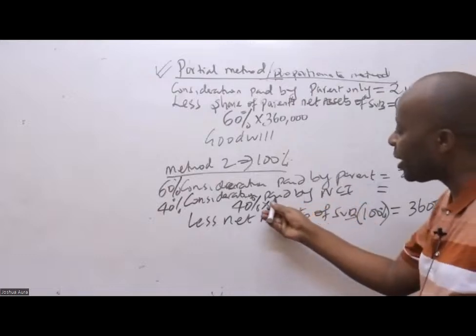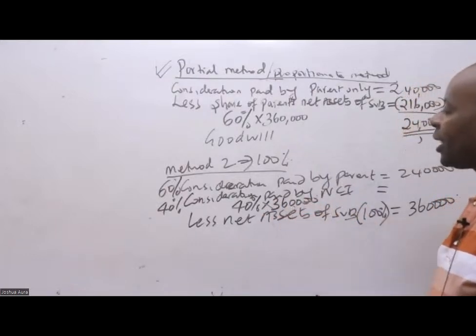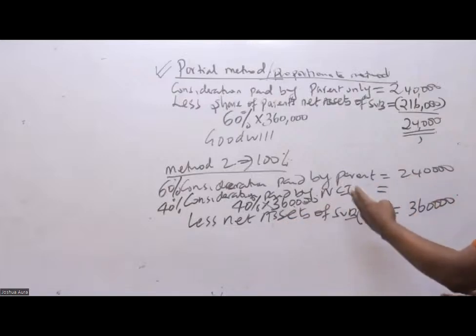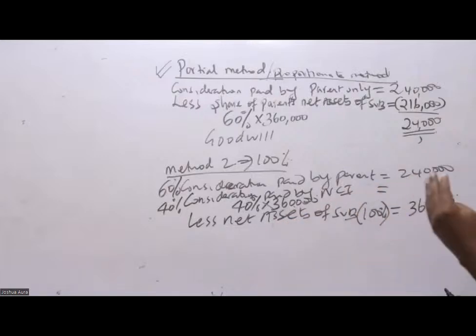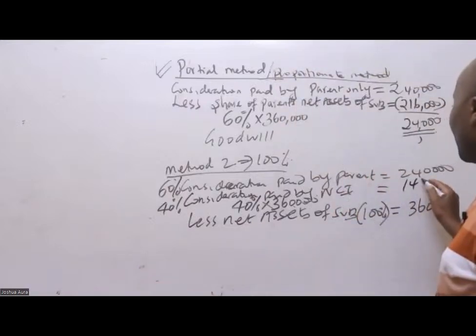So 40% of 360,000. Can somebody in this case here give me this 40%? Just to give us a figure here. 40% of 360,000. Somebody is giving me a figure of 144,000.